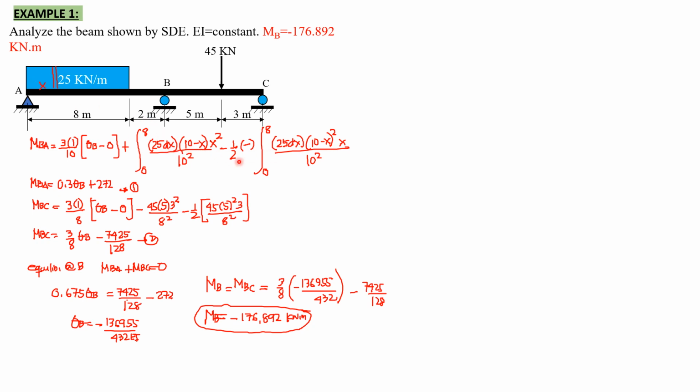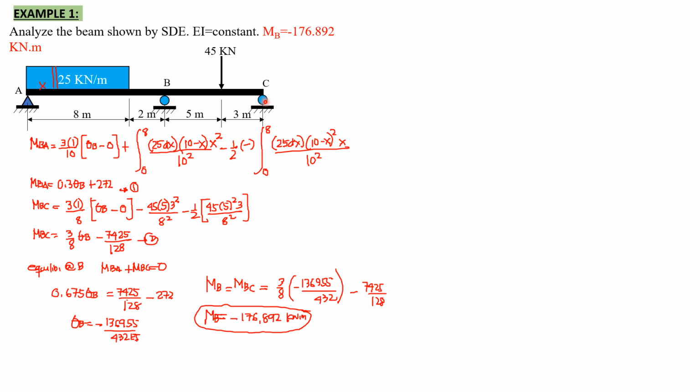So minus 1/2 negative, all you have to do is copy and interchange the squared factor. So (10 minus x) is now squared, and x is raised to 1, all over 10 square. Simplifying, you can evaluate this using your calculator. The integral 3 over 10 is 0.3, so we have 0.3 theta B plus 272, combining these integrals.